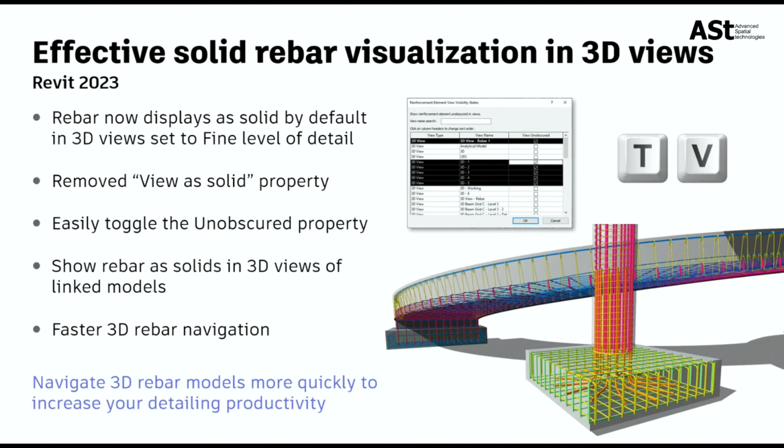In this dialog, you can now toggle the unobscured property for multiple selected rows using the spacebar. The toggle visibility option is now available for all reinforcement elements, so area, path, rebar, fabric sheet, and rebar couplers, in the right-click menu as a keyboard shortcut. This also toggles the unobscured property.